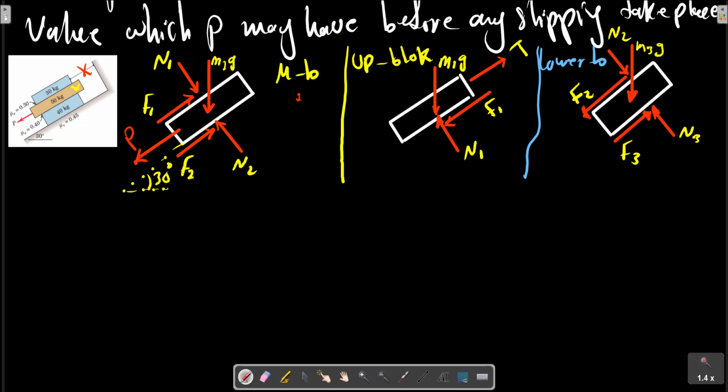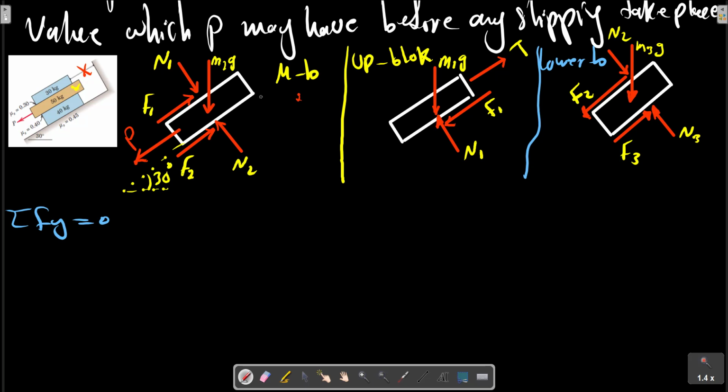With this assumption, we can write for each block in the y direction sigma Fy equals 0.